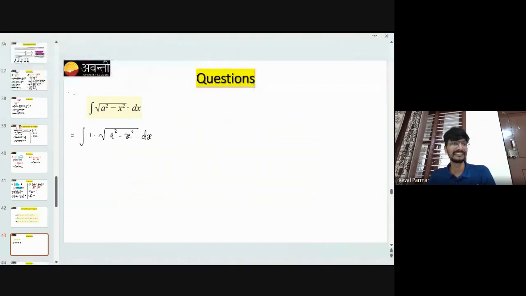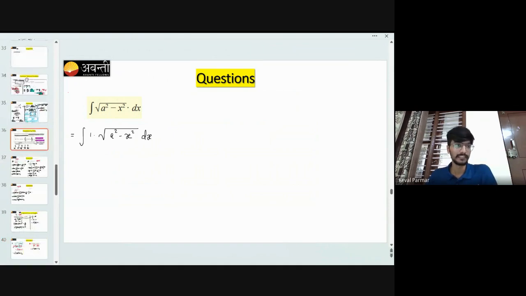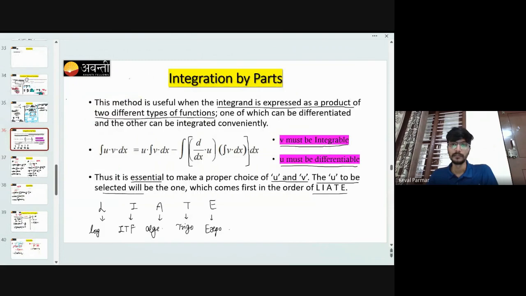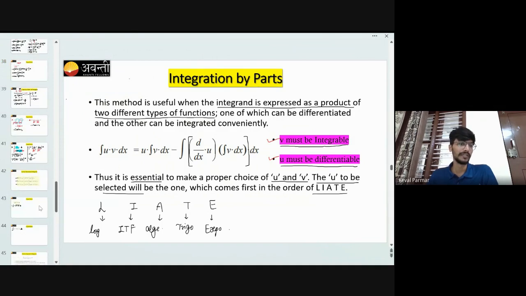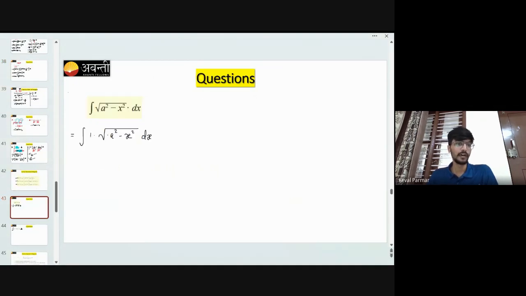In such cases, remember, u should be differentiable and v should be integrable. When we did integration by parts, this was a very important heading: v must be integrable, u must be differentiable. So in our case, according to this logic, we can take this as v.